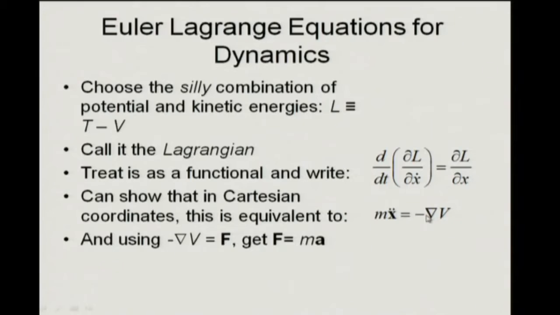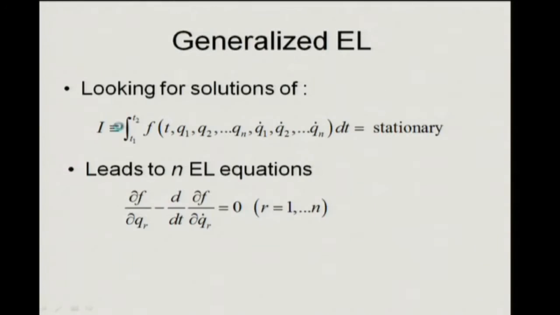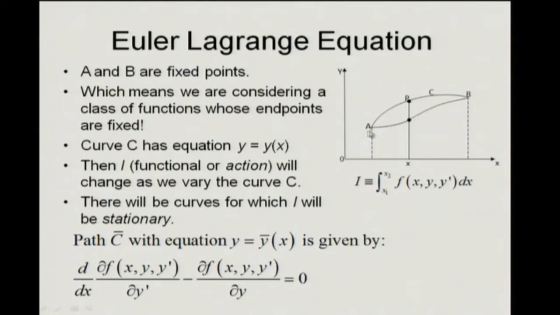So, the crucial thing is, this you can prove from basics. So, this is arbitrary, L is equal to T minus V is arbitrary, right. What else is arbitrary? The moment I talk about a functional, I am saying I have two fixed points, that is also arbitrary.